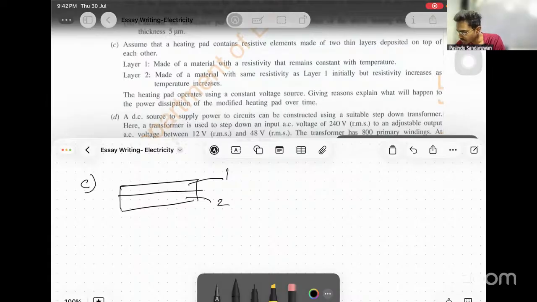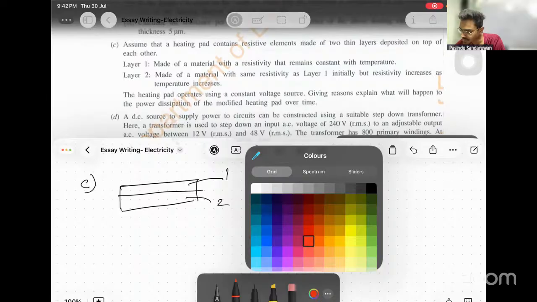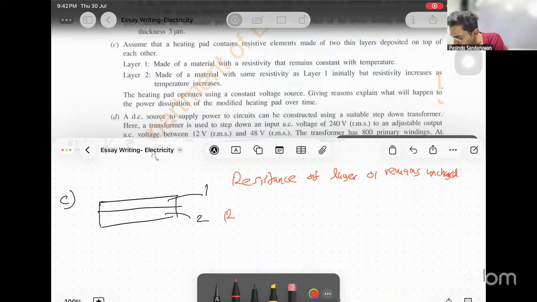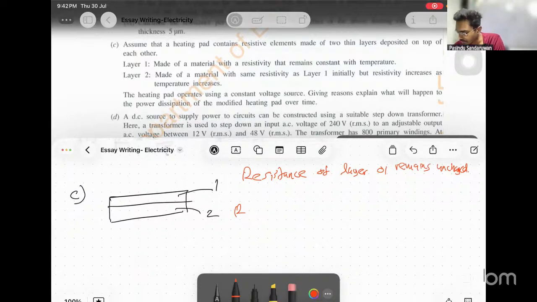Check these two separately. What happens? The resistance of layer 1 remains unchanged. Then the resistance of layer 2: over time, the temperature increases.